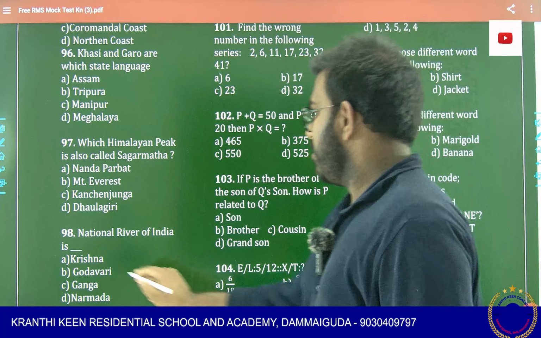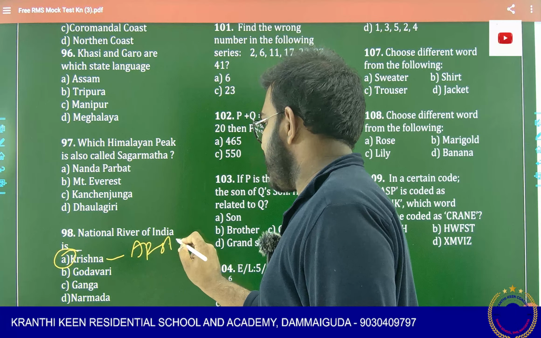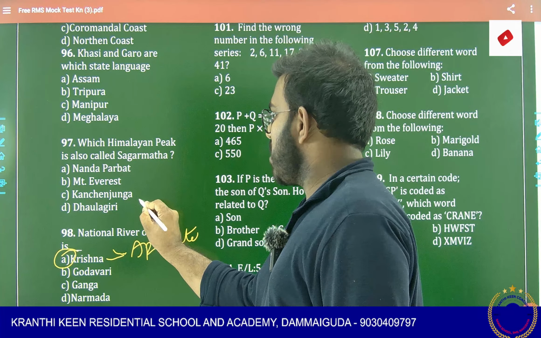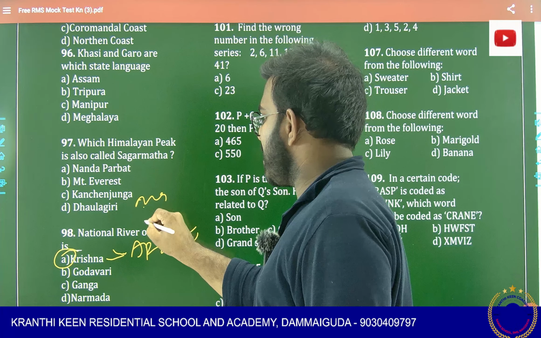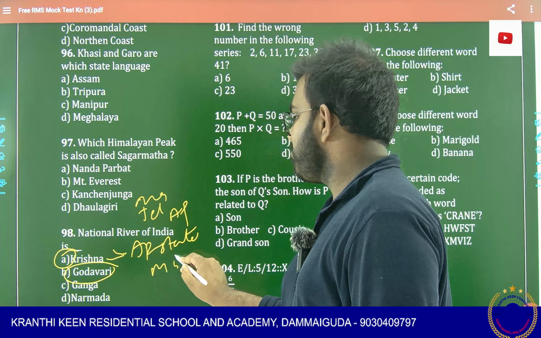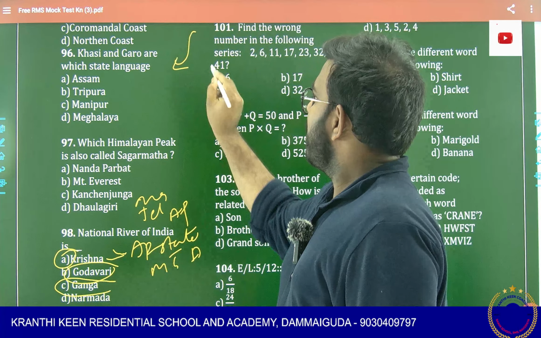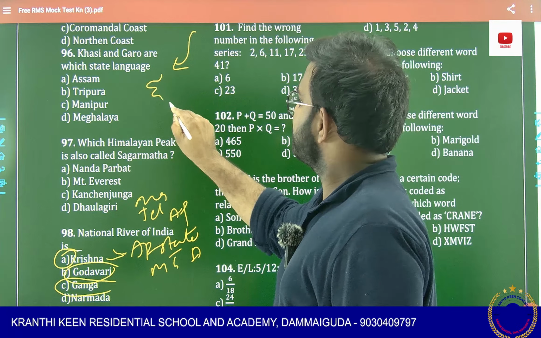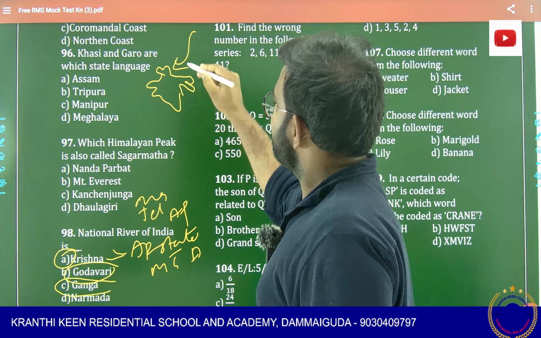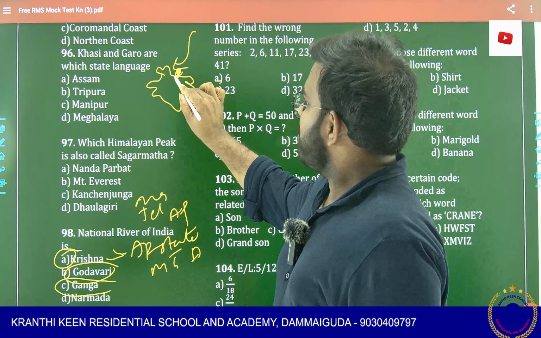National River of India. You know, Krishna is the state river in our AP. It only flows between Maharashtra, Telangana, and AP, three states. Godavari comes from Maharashtra, Telangana, AP. Ganga starts from Mansarovar.